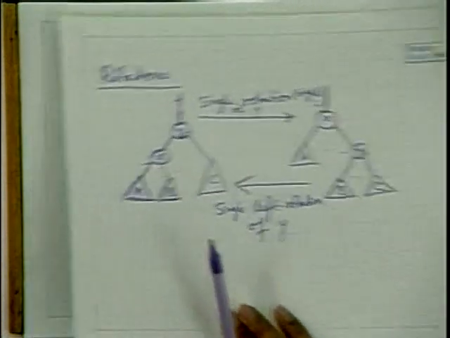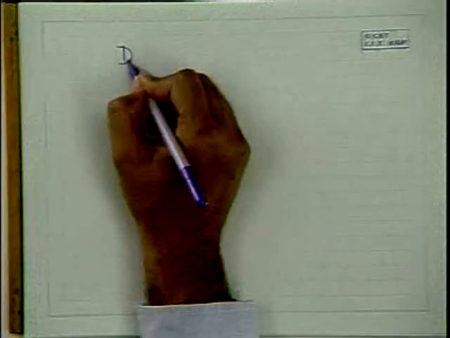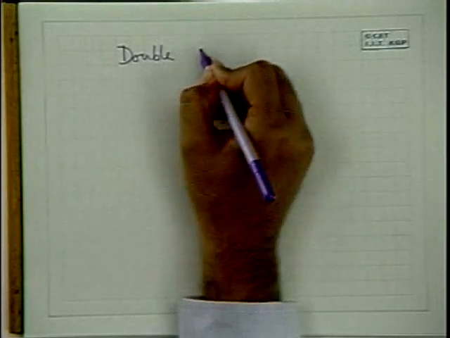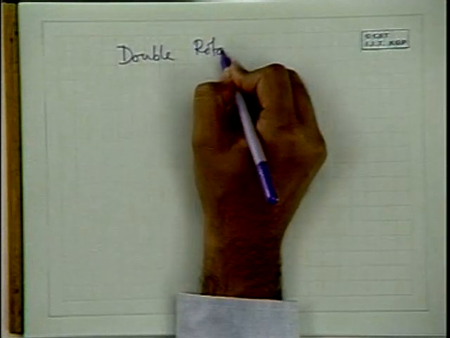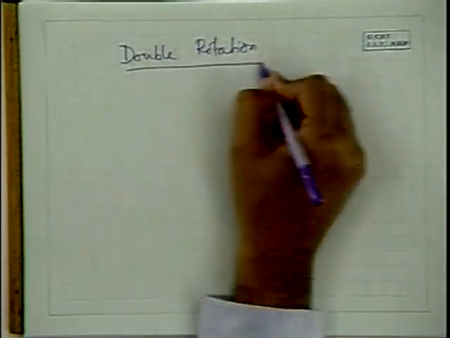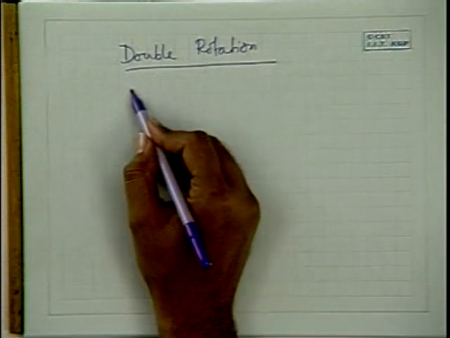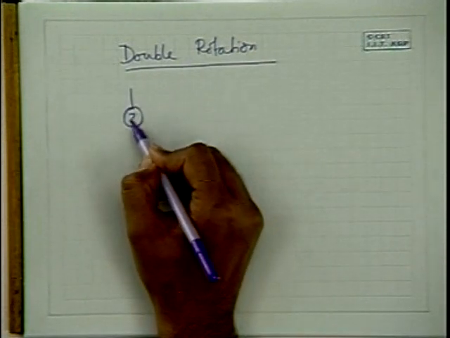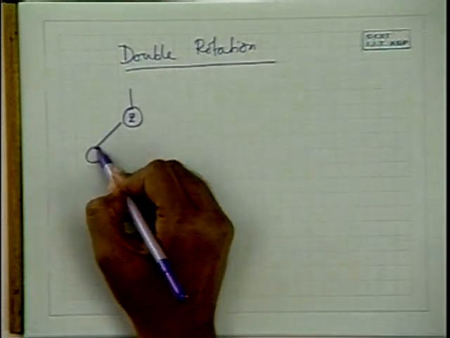Now, this is a single rotation, but similarly, there is a double rotation. So here is a double rotation. What is a double rotation? Let me again tell you by a picture.